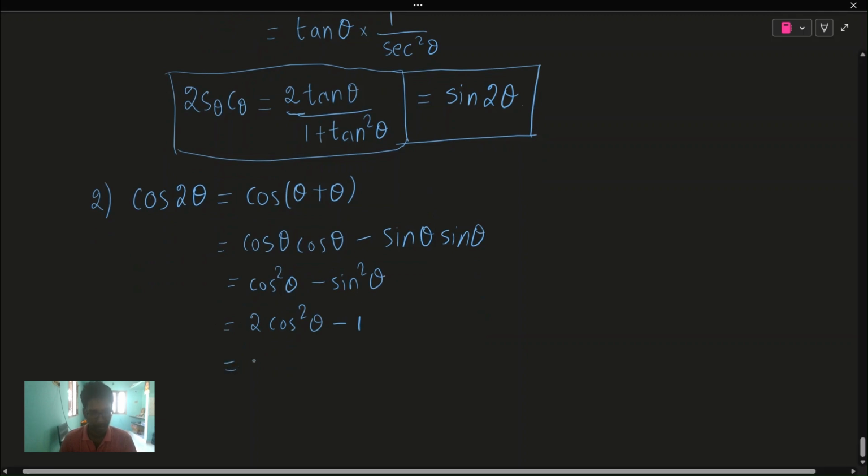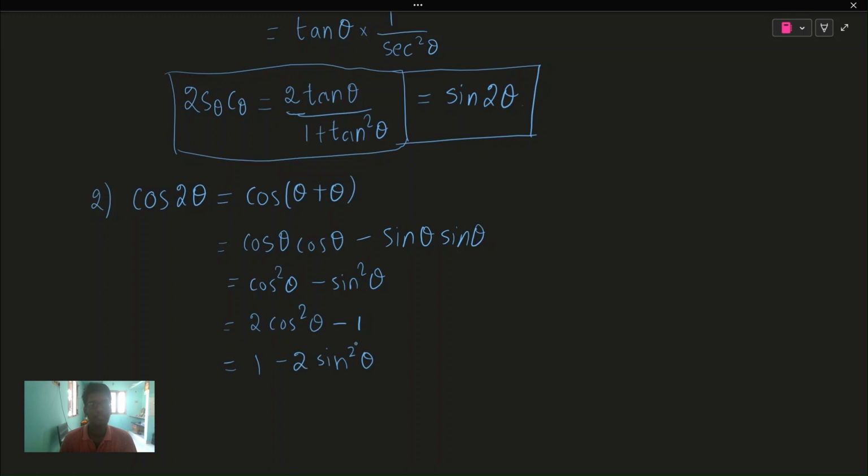And we can also write it as 1 minus 2 sin square theta, putting the same identity but substituting in the place of cos square theta, and you're getting everything in terms of sin square theta.